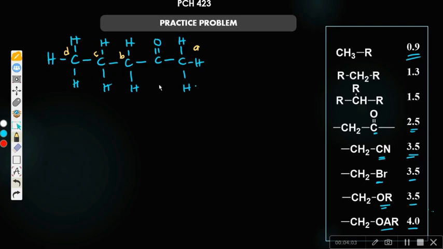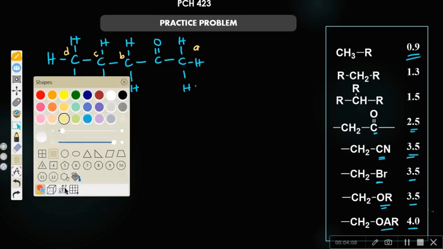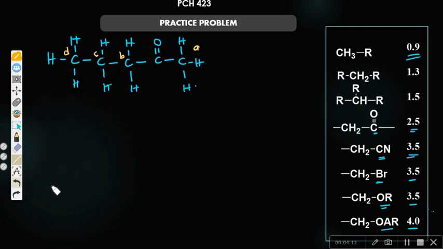Now, for a proton that is in the same chemical environment, I'm going to show you something similar to that. The next thing we are going to do is to rule a straight line. You don't need to draw or write the exact chemical shift values. All you need is an approximate value.